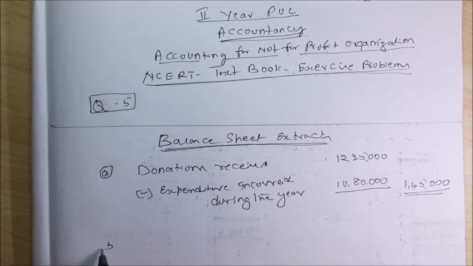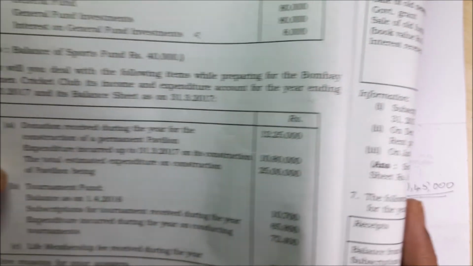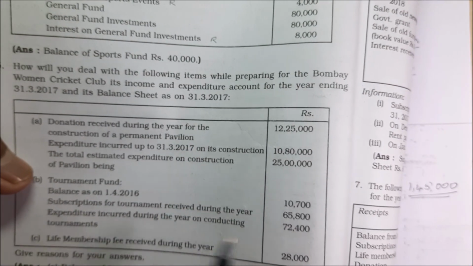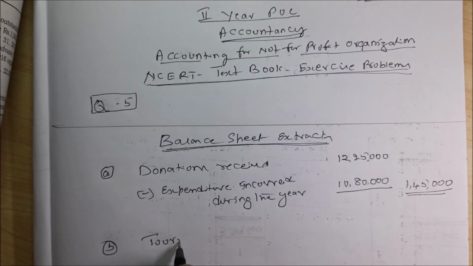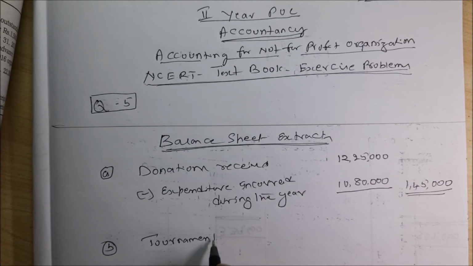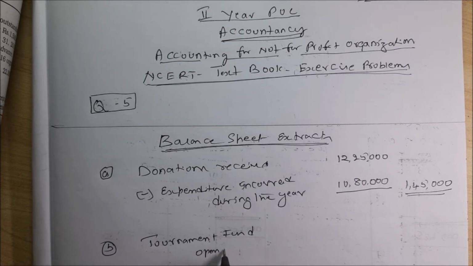Next, B. Second one, B. Tournament fund opening balance 10,700.